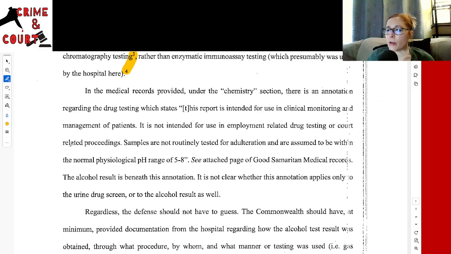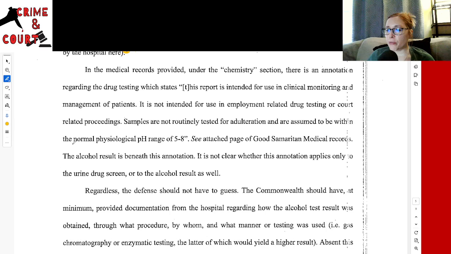All right, so in the medical records provided under the chemistry section, there is an annotation regarding the drug testing which states: this report is intended for use in clinical monitoring and management of patients. It is not intended for use in employment-related drug testing or court-related proceedings.